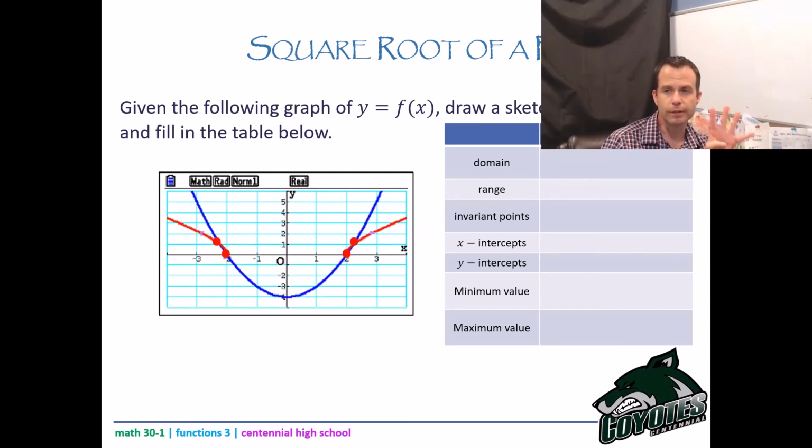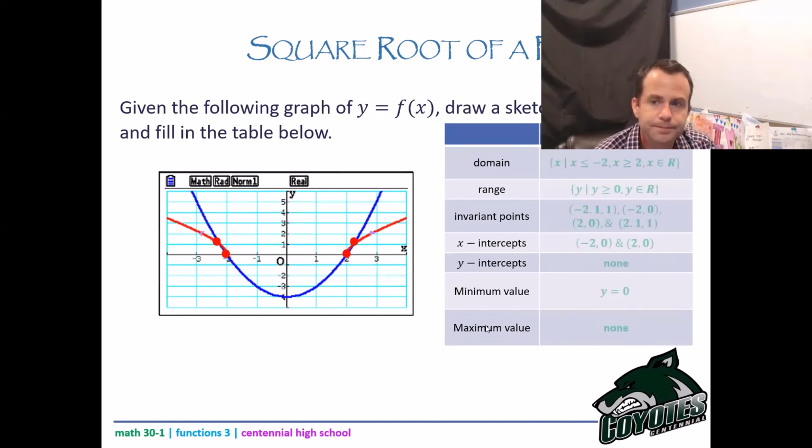I have 4 invariant points. I'm just kind of guessing right now, but I would say that's maybe -2.1, comma 1, -2, comma 0, 2, comma 0, and 2.1, comma 1.